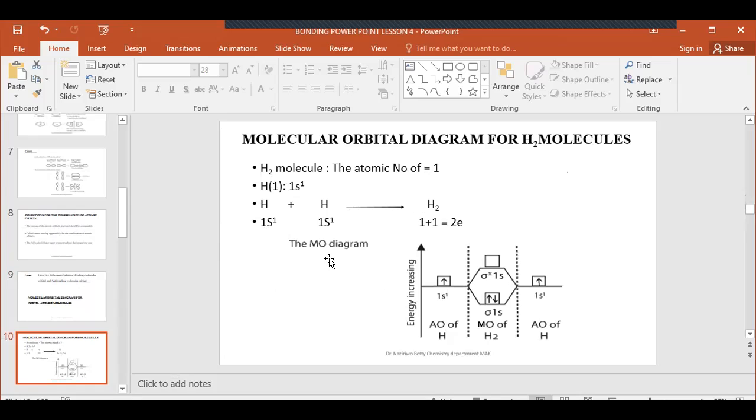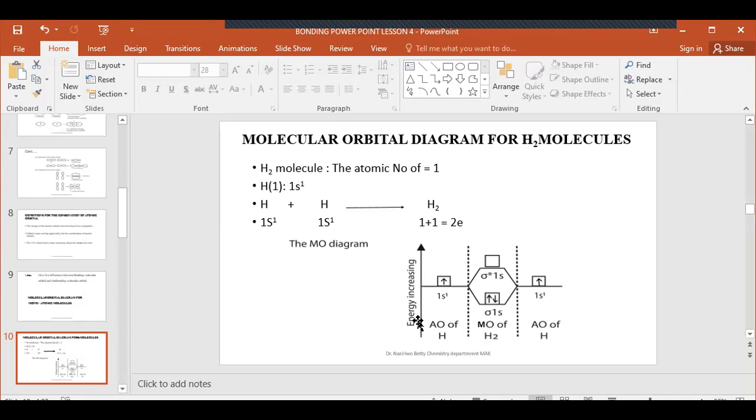In the molecular orbital diagram, they are drawn like this: there is increasing energy, then the atomic orbital of one atom and the atomic orbital of another atom, and in the middle we have the molecular orbitals formed. Each atom has 1 electron in its 1s, presented in this box. When they combine, they form the molecular orbitals.